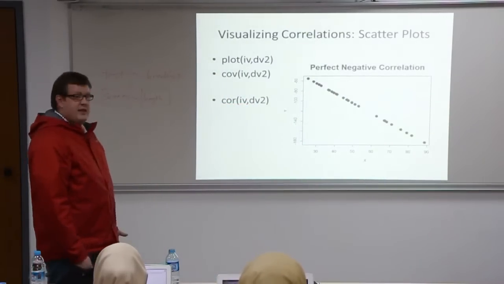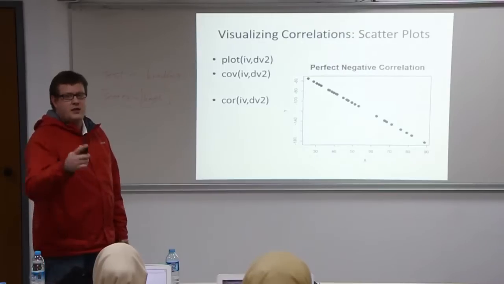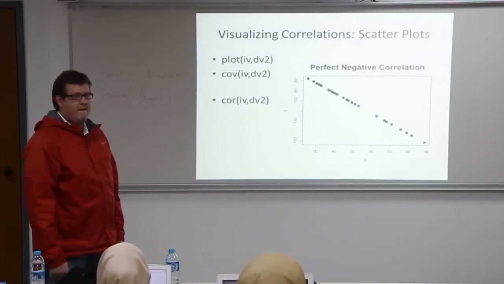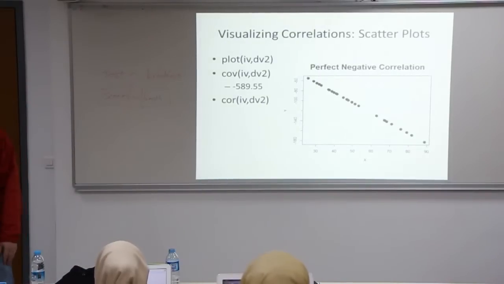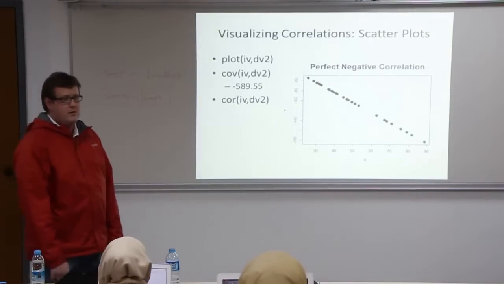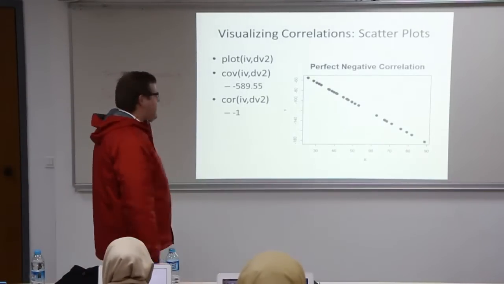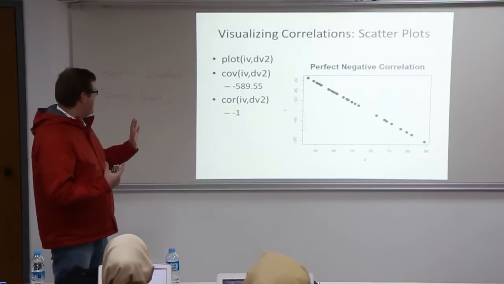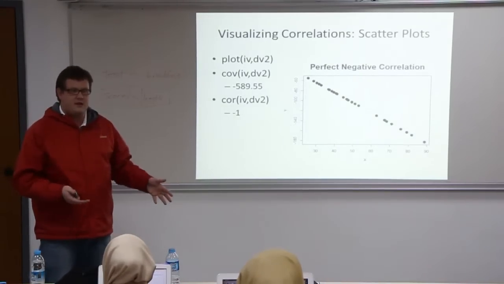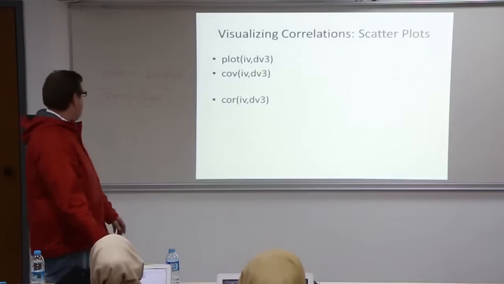We should have something like that. So what's the covariance? I just did it. It's minus 589. It's the negative version of what we had last time. Minus 1. So everything's basically the same except for the signs, right?